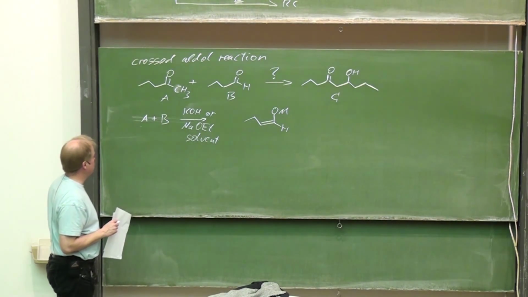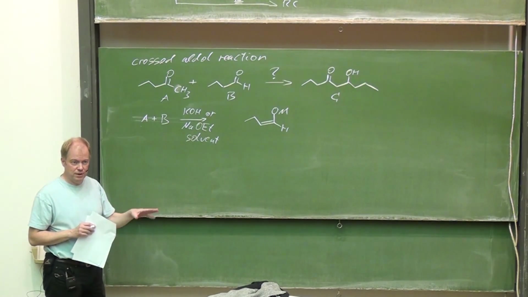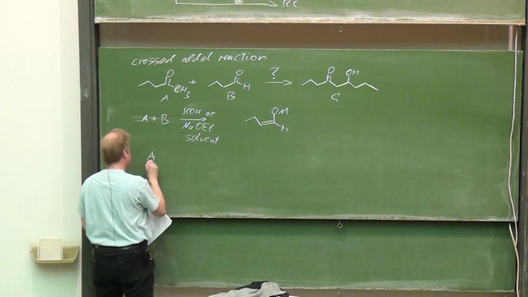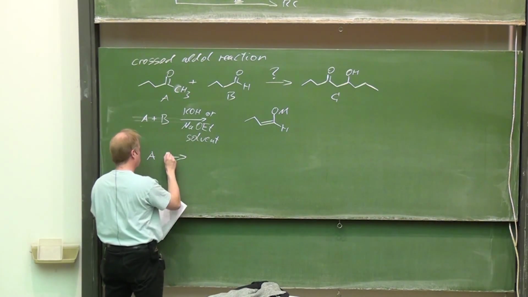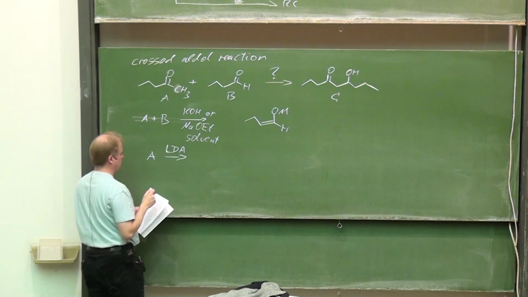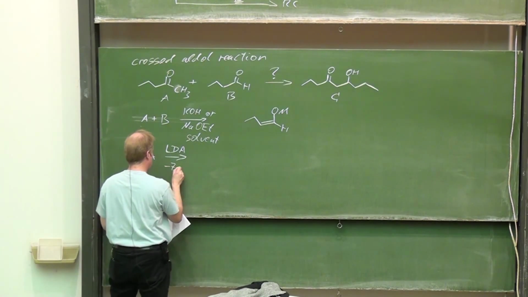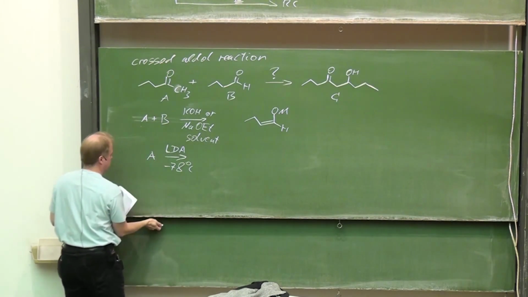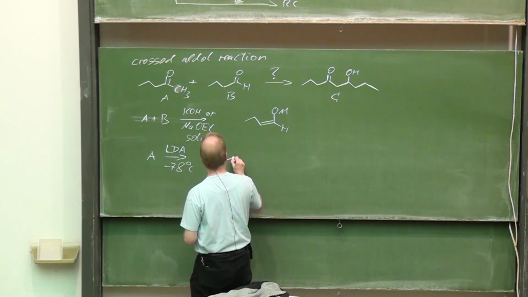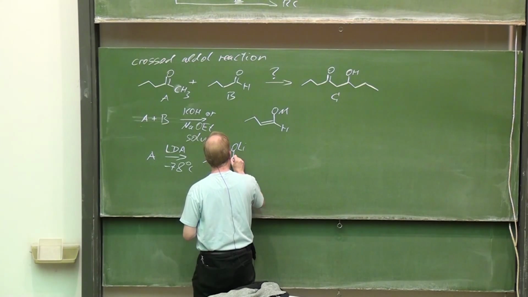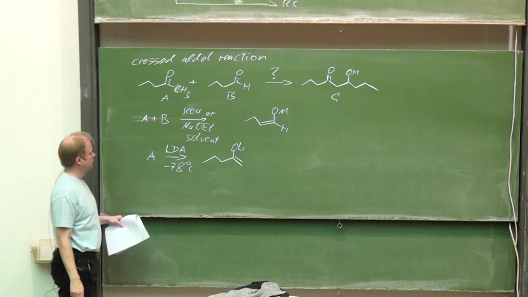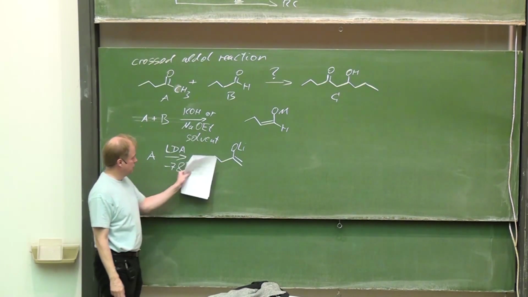Well, obviously we should not mix A and B together. We should use A exclusively for deprotonating with LDA at lower temperature. Again, maybe minus 78 degrees. And we will get to the kinetically favored enolate.